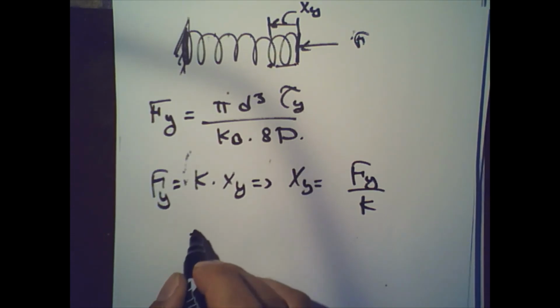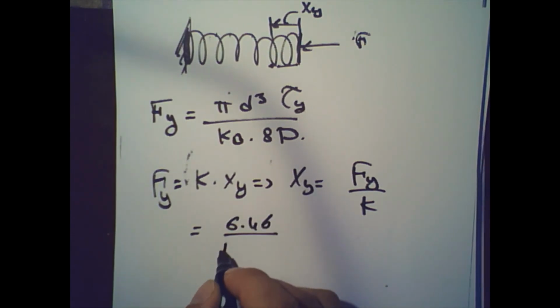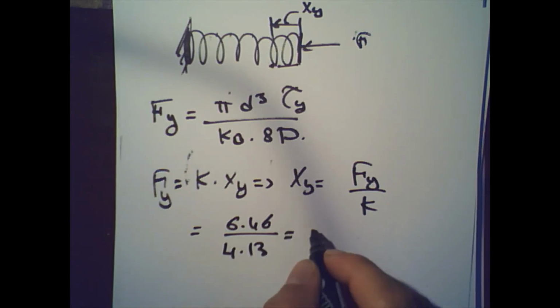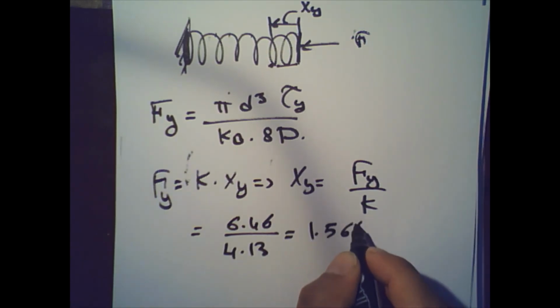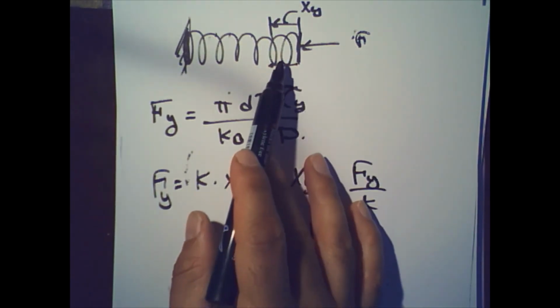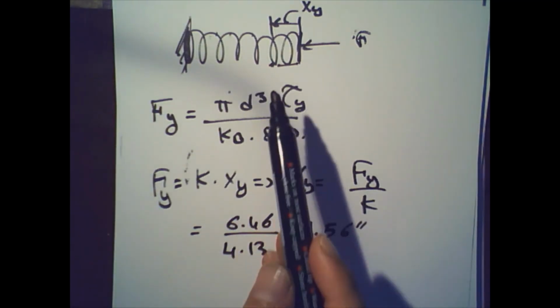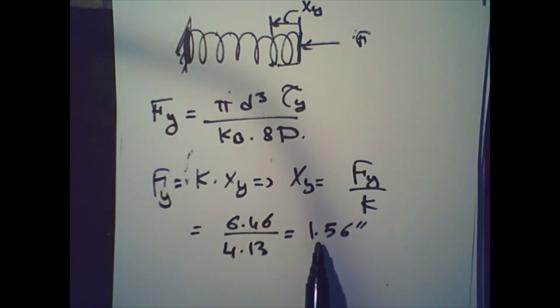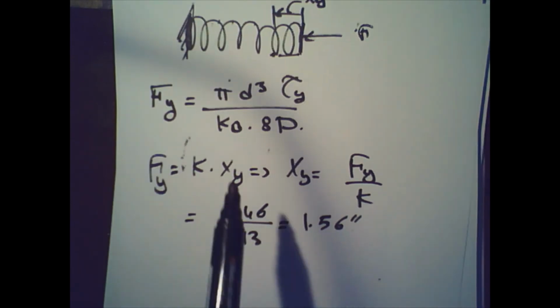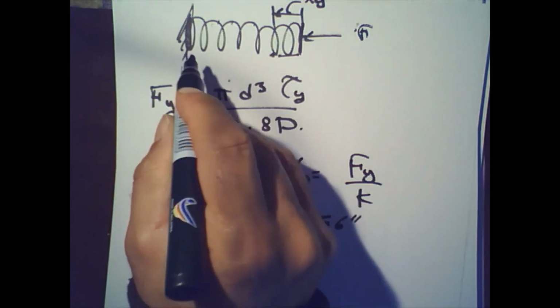both of them. In that case, it would be 6.46 divided by 4.13, and this would be equal to 1.56 inches. So 1.56 inches is how much that spring will retract. So ideally, if you are making your own spring, you should make that distance be less than, so essentially you want the solid length to be somewhere here, right?